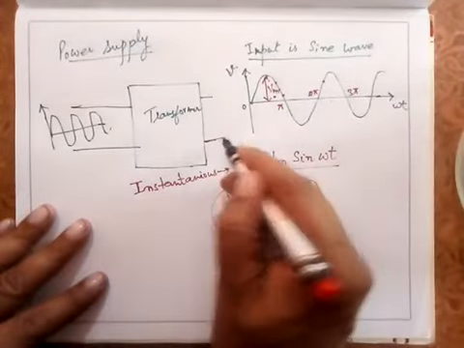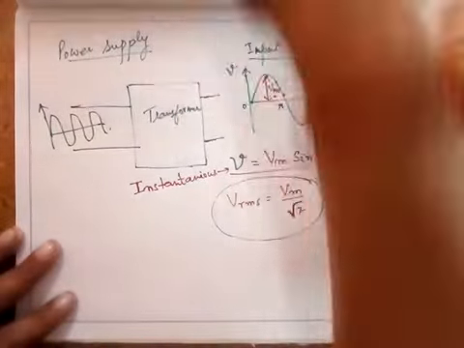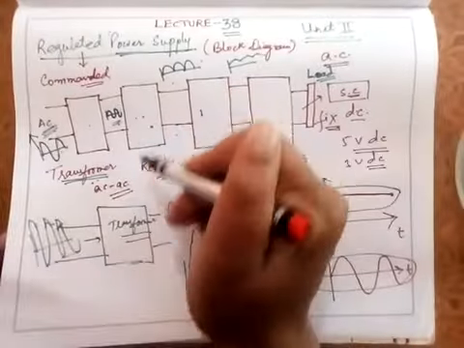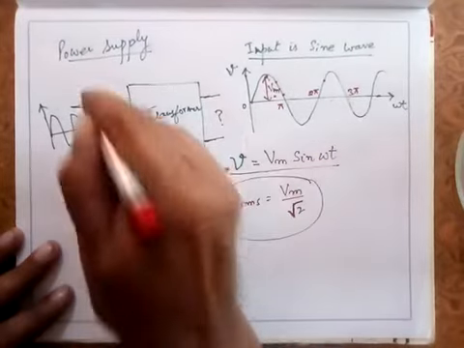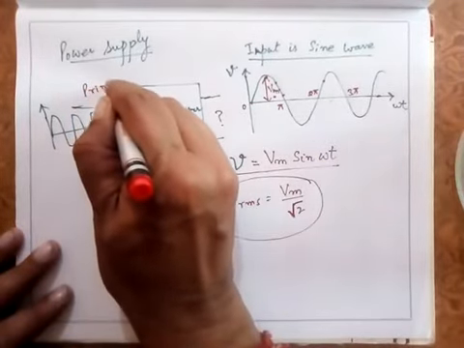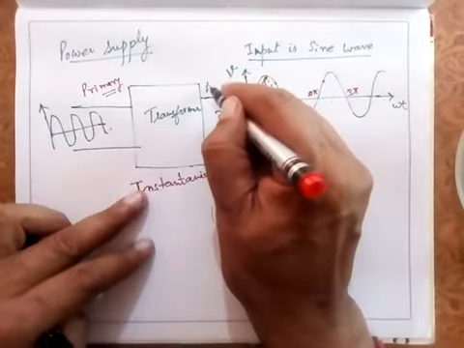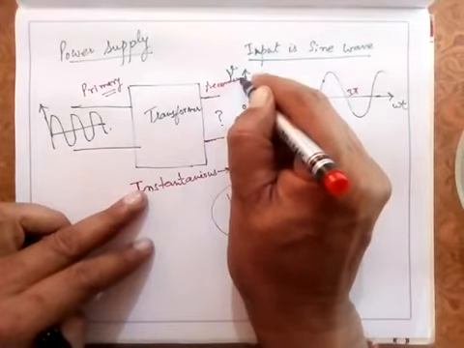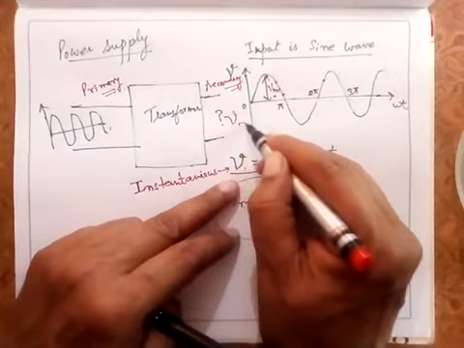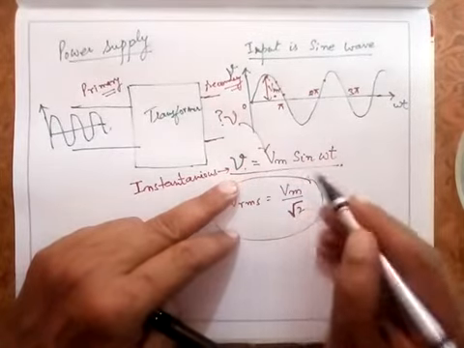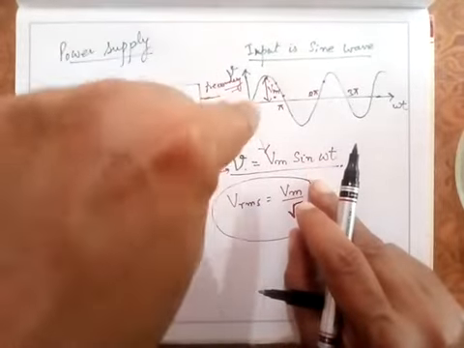The analysis of any rectifier that we'll do, after this we'll study the first part, the rectifier, with respect to the secondary of the transformer. This is called the primary for a transformer, and this is called the secondary. So we assume that the secondary voltage V is Vm sine omega t, and the mathematical derivations are with respect to this secondary voltage.